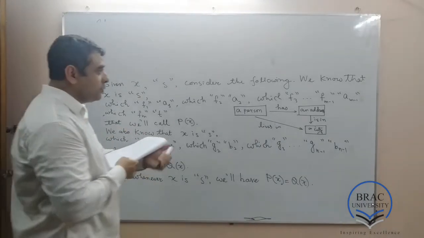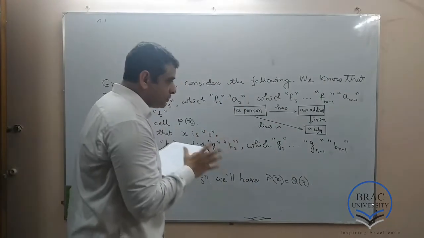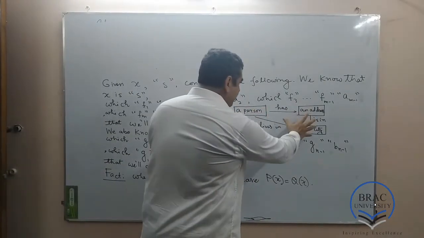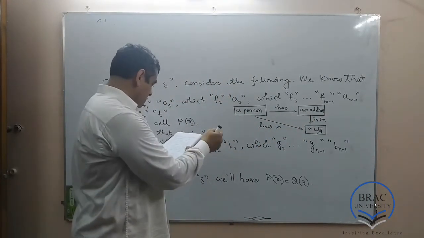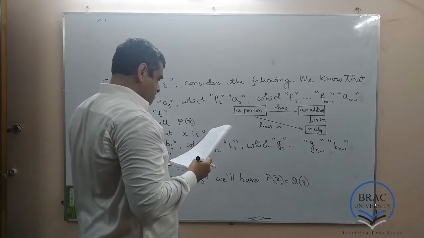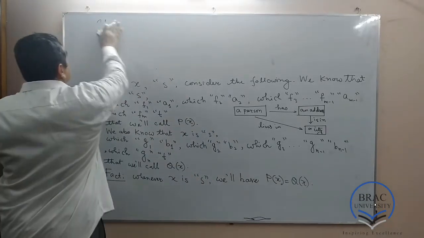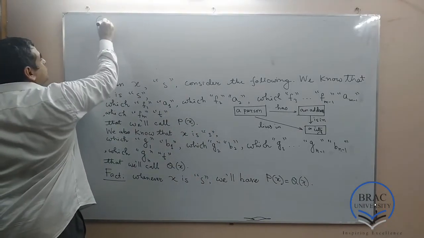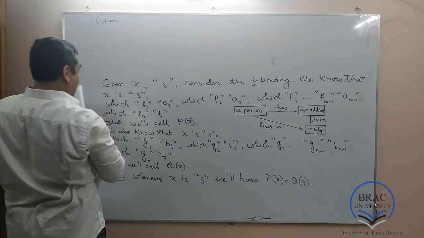So it means that we need to establish, by means of English sentences, the commutativity of this diagram. Okay? And how do we do that? Given x.